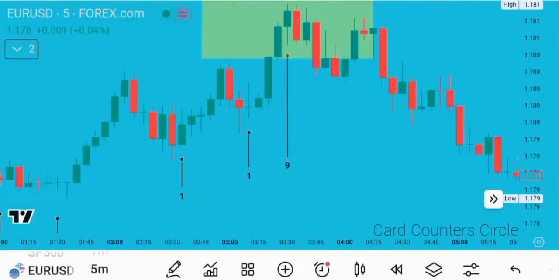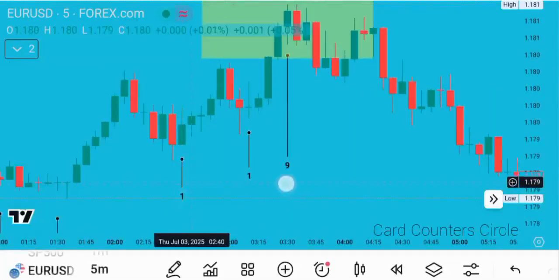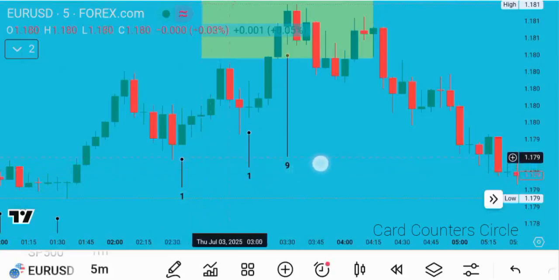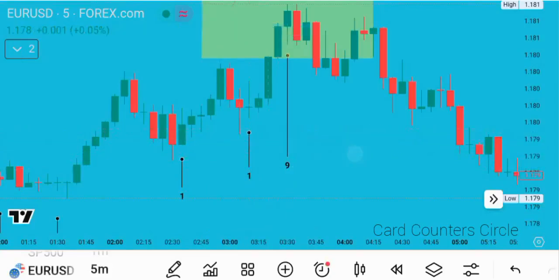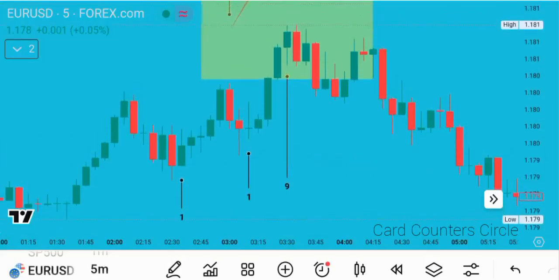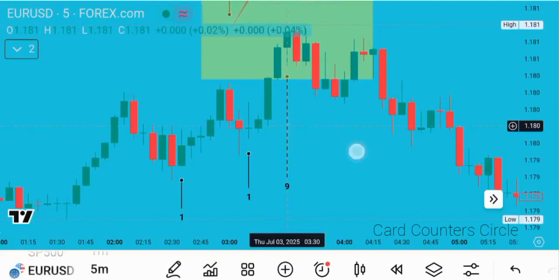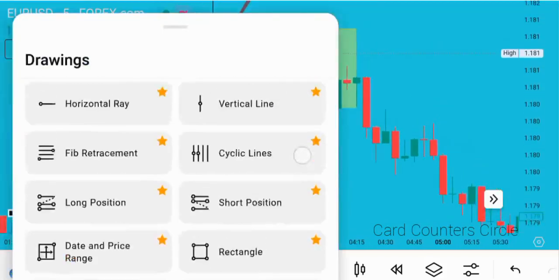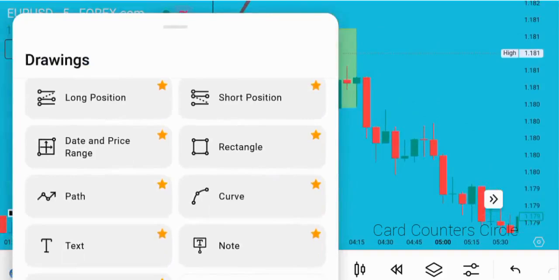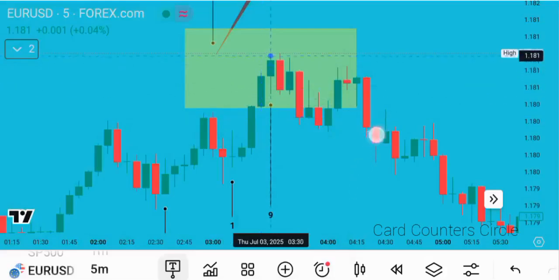So like 1, 2, 3, 4, 5, 6, 7, 8, 9, 10, 11, 12, right? So we have 12, almost at 13, right? So we have 13 as the next candle. So the first count ended at 13, which is one of our sweet spots in terms of numbers. This is one of our sweet spots.